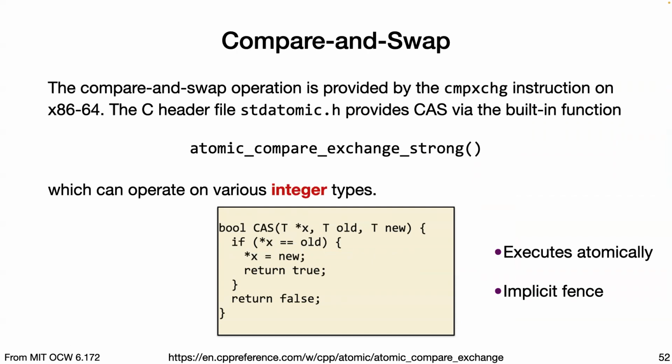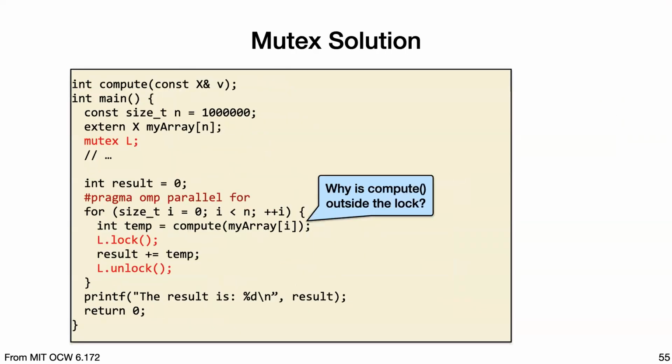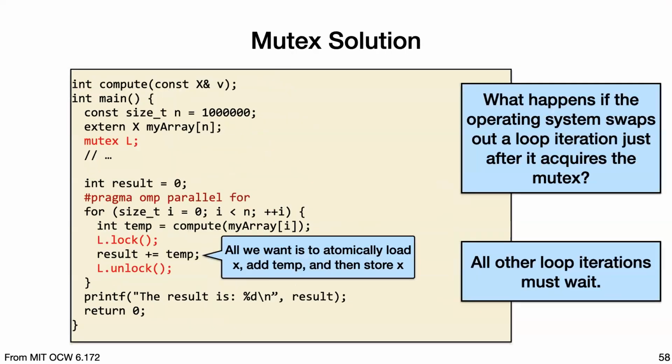Yes, so result is X, and then what is old? It should be the result you have from the previous iteration. It's the old value of the result. And new is the new result you calculate. Yes, good, exactly.